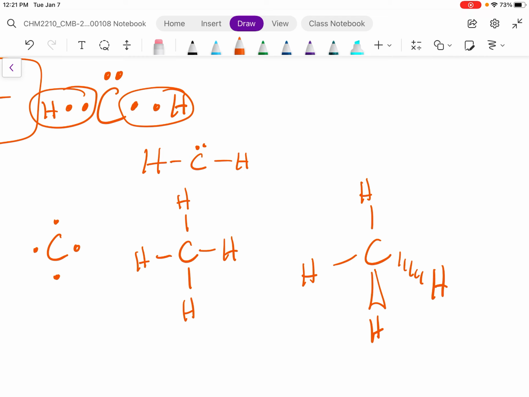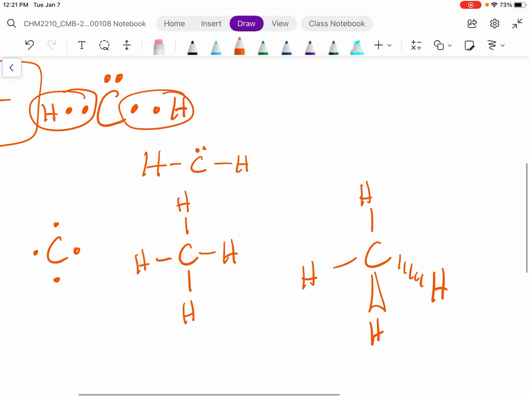Now this methane molecule, as I put it on my iPad here, can't see it very well, but do you see how it's not flat like this one? Do you see how it has a tetrahedral shape to it?